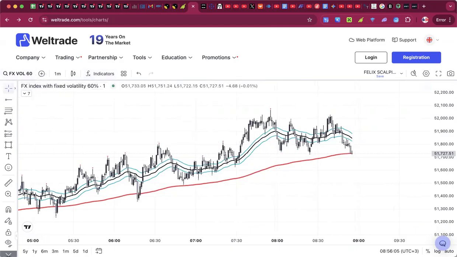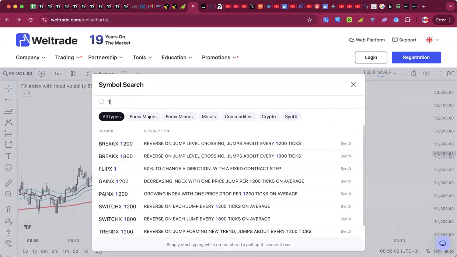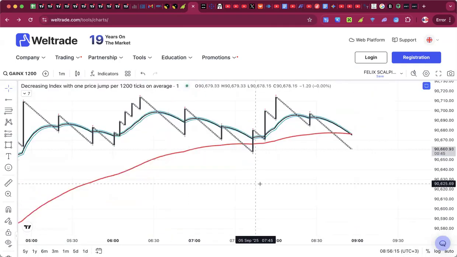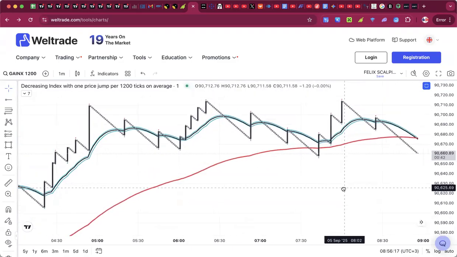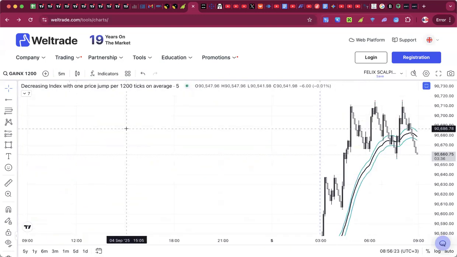This scalping. Let's look at 180 and 1,200 gains. I told us about the movement. So gains, I don't go 1 minute, it's 5 minutes.